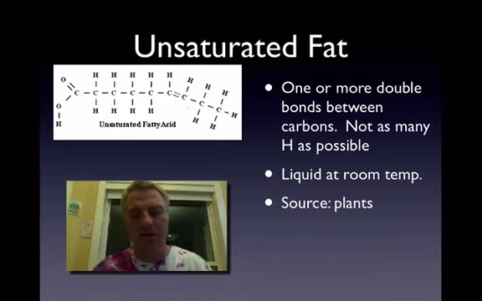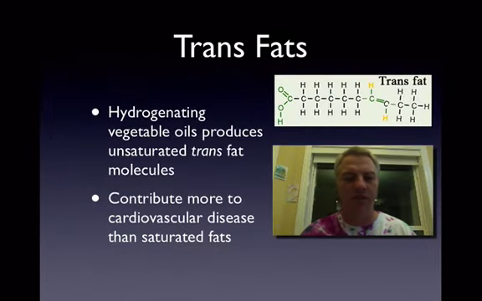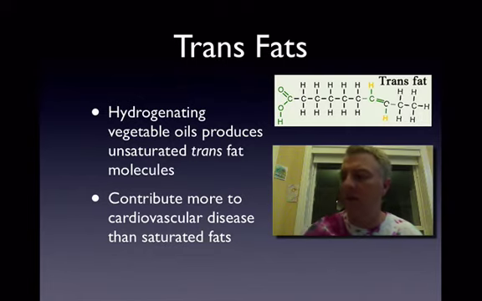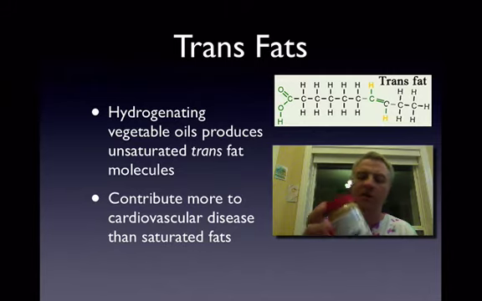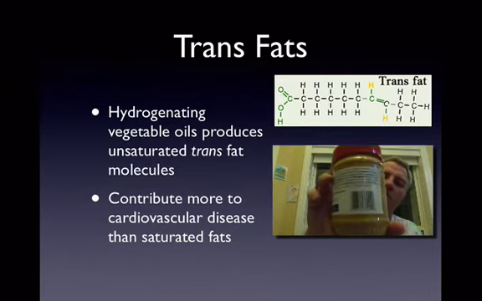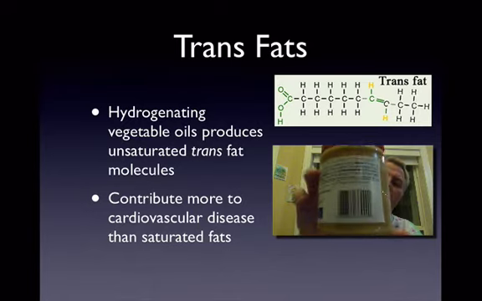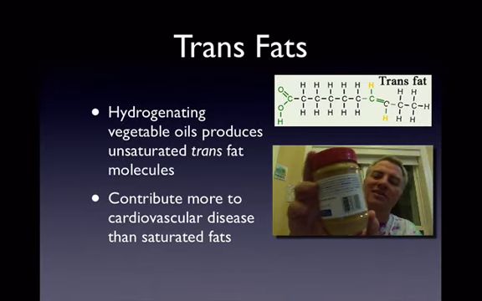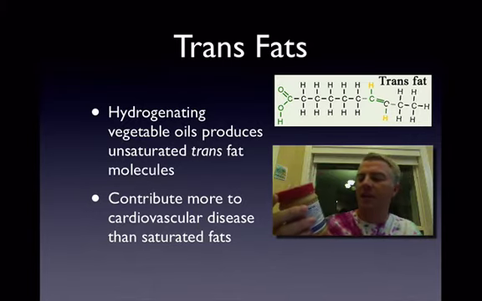Now let's take a look at this next thing here. Your book talks about trans fats, and you've all heard of trans fats. I brought this peanut butter jar here. You probably can't see that. If you look at that real close, extreme close up, it says on the label there that it is hydrogenated.